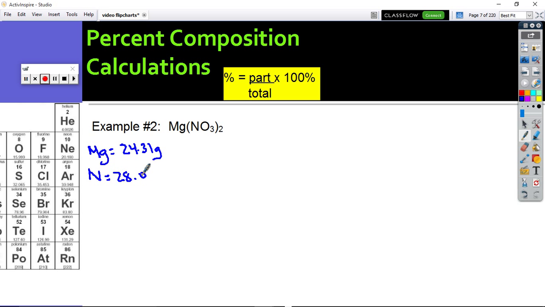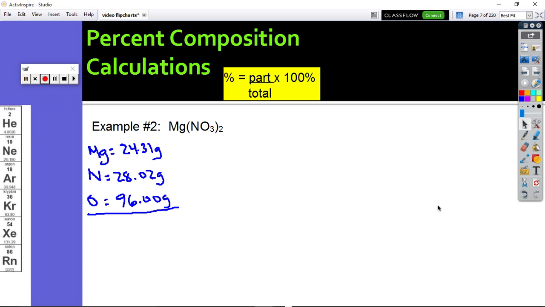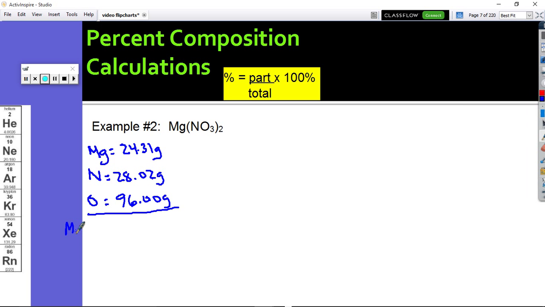And the oxygen had a grand total mass of 96.00 grams, which means that our overall molar mass for magnesium nitrate, let's write that down, is going to be 148.33 grams.